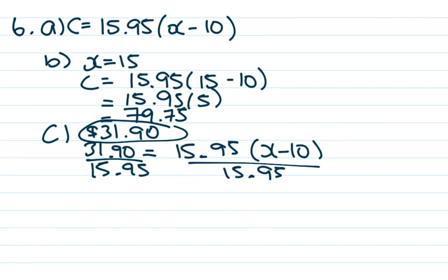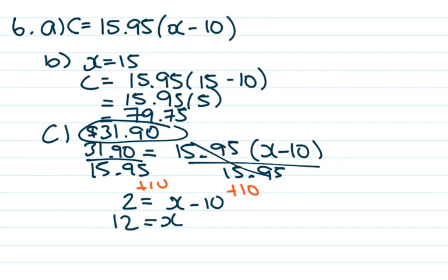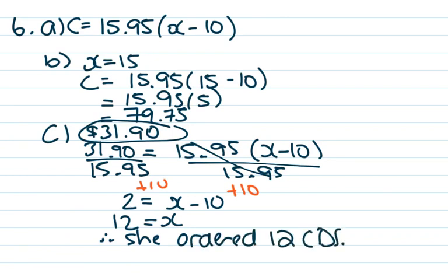So $31.90 divided by $15.95 is 2. 2 equals X minus 10. Add 10 to both sides. 12 equals X. So therefore, she ordered 12 CDs.